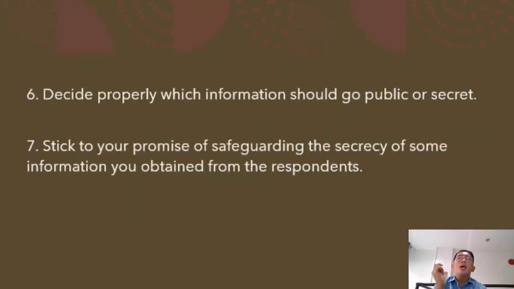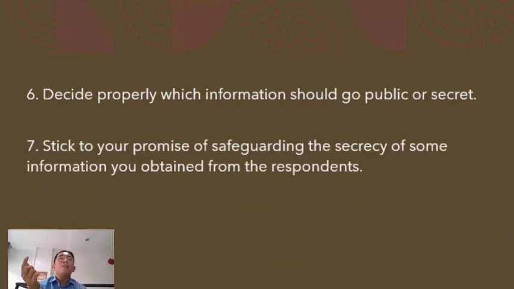Next, decide properly which information should go public or secret. All right? So if your respondent has some discretion on what to keep private and what is to be publicized, you have to respect it and do it, because that's not your information in the first place. Okay? Stick to your promise of safeguarding the secrecy of some information you obtain from the respondent.